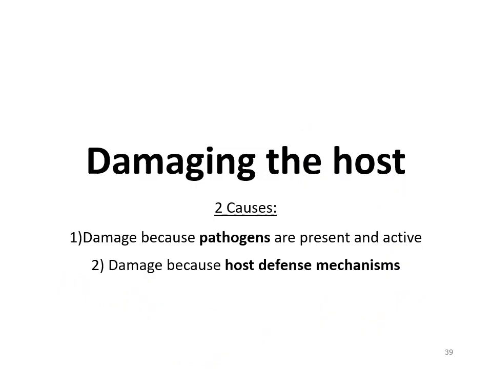Now, the last of the things we're going to mention today is how pathogens will try to damage the host. Now, with damaging the host, there are two big causes.